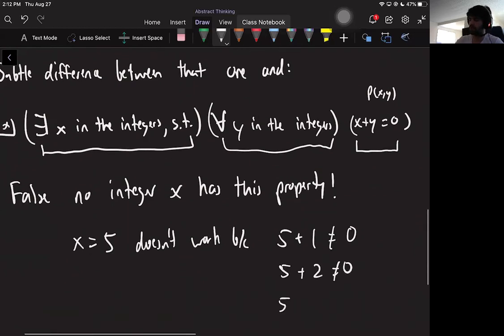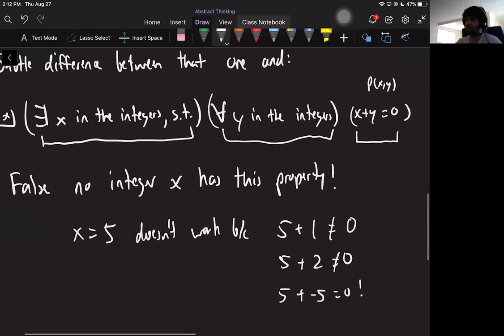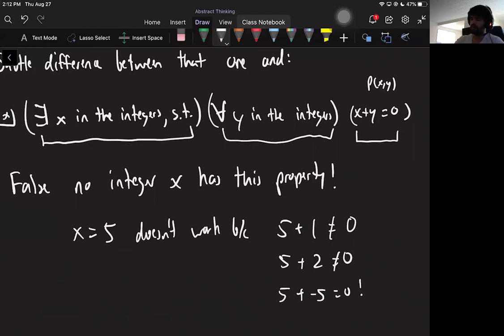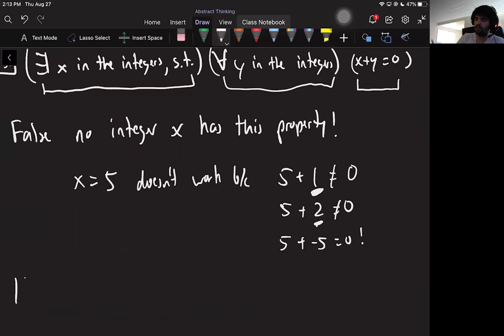It only works once. But that doesn't matter because the claim is that there exists a number which, when you add it to any other number, y, you'll get 0. But that's not what's happening here. If I add it to 1, it doesn't be 0. If I add it to 2, same thing. Only once does it work. But this is not really a proof that no such number exists. How do you know I haven't looked hard enough?